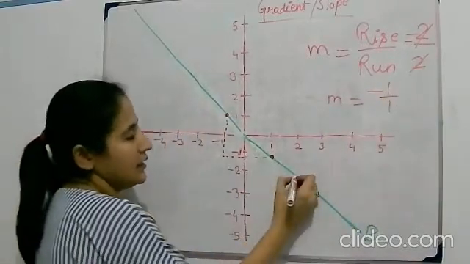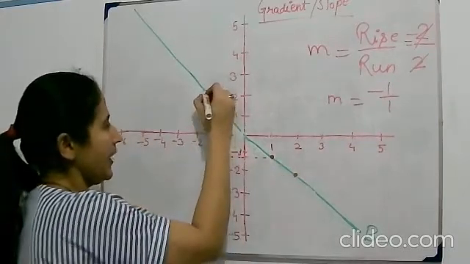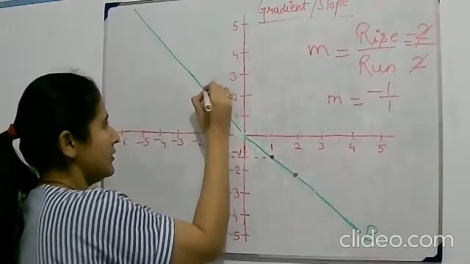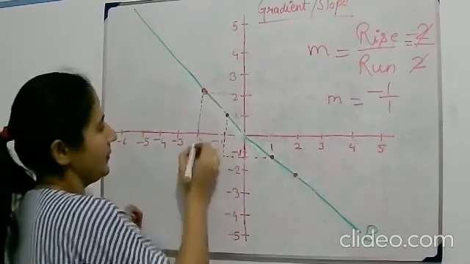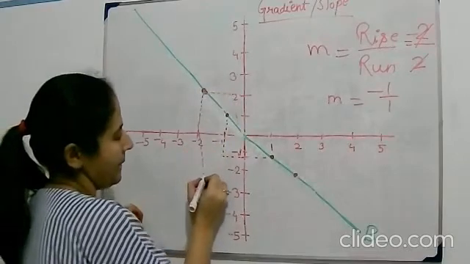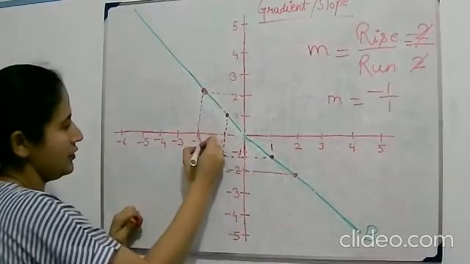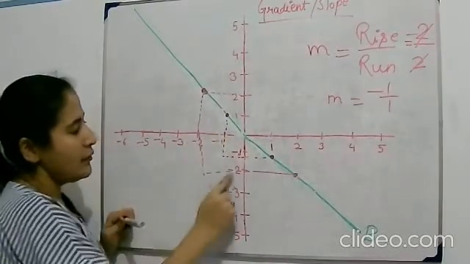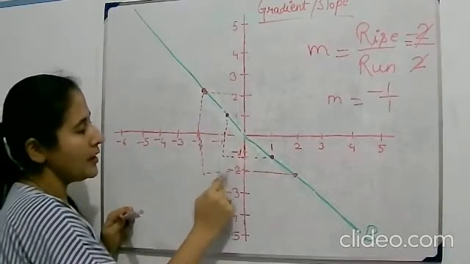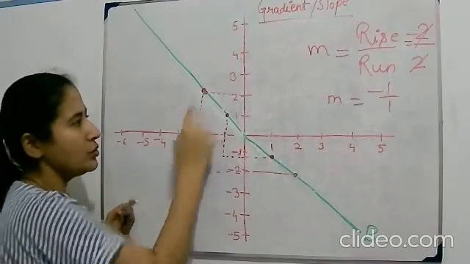Let's take another point here and here, like this. Join these points like this. Now, see what is the rise. From -2 to -1, -1 to 0, 0 to 1, and 1 to 2.